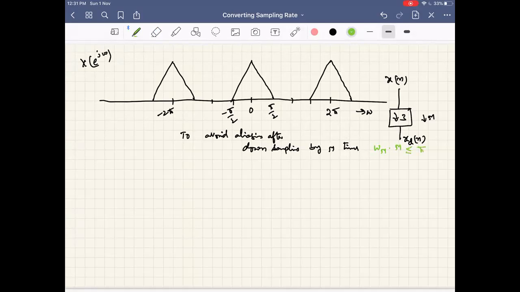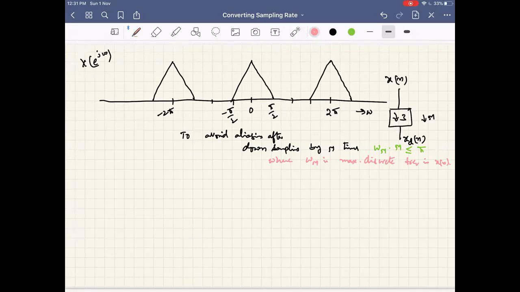This is the condition needed, where omega m is the maximum discrete frequency in the discrete time signal x of n.